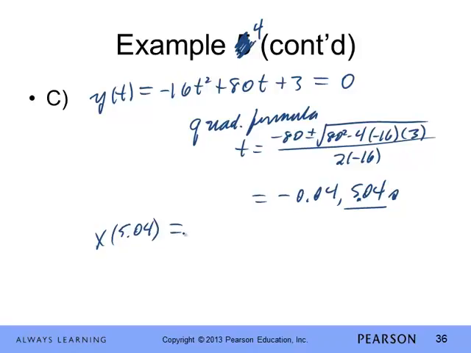Now x of t is 80t, so we have 80 times 5.04 seconds, which gives us about 403. As in, the baseball traveled 403 feet horizontally.